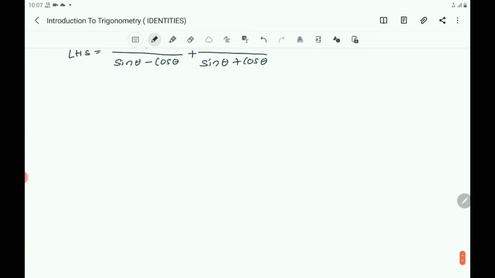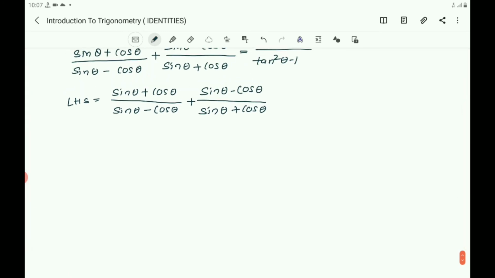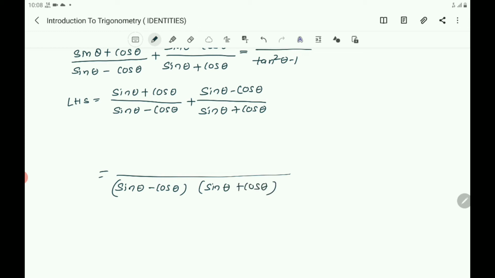Now you take the LCM of the denominators, that is the product of these two, sin theta minus cos theta into sin theta plus cos theta. So you write the LCM, that is sin theta minus cos theta into sin theta plus cos theta.